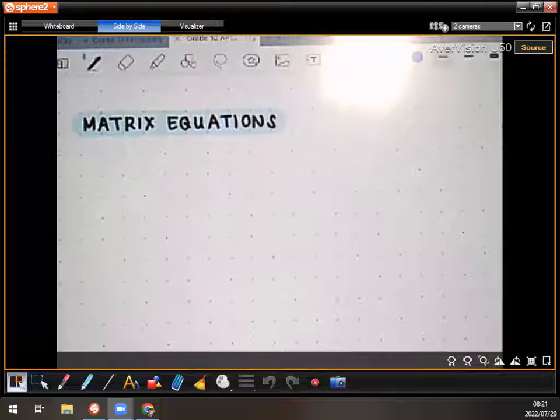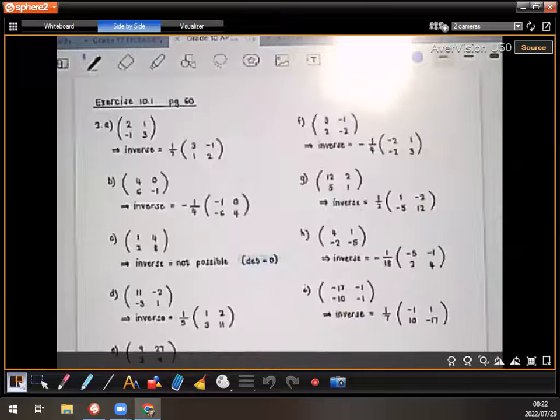There's so many blank pages left. Where is my black pen? Now people are definitely missing this.